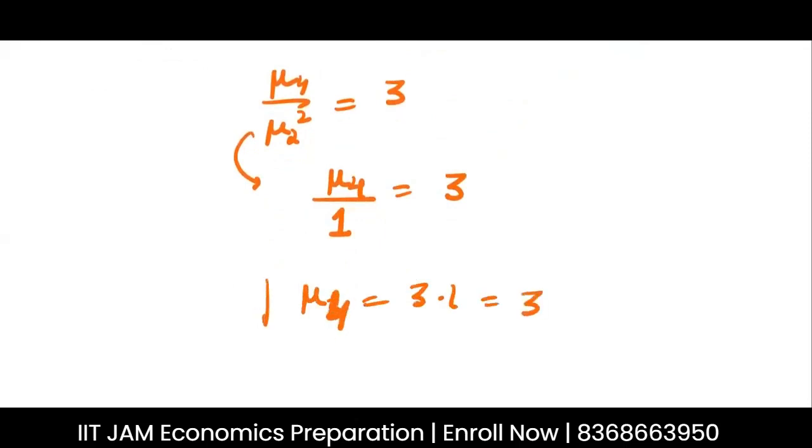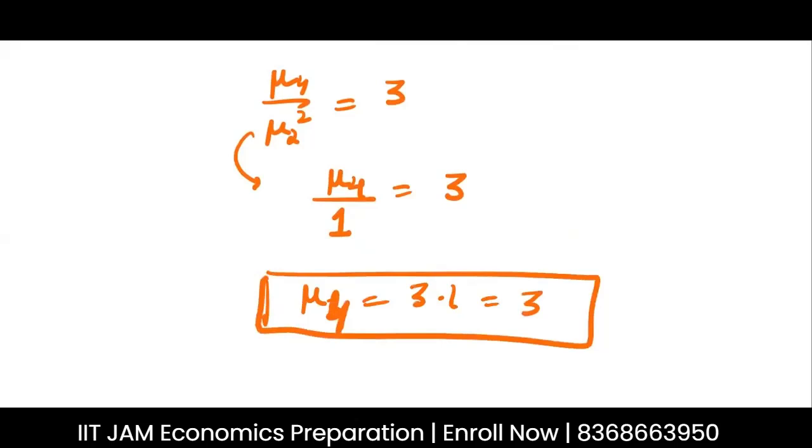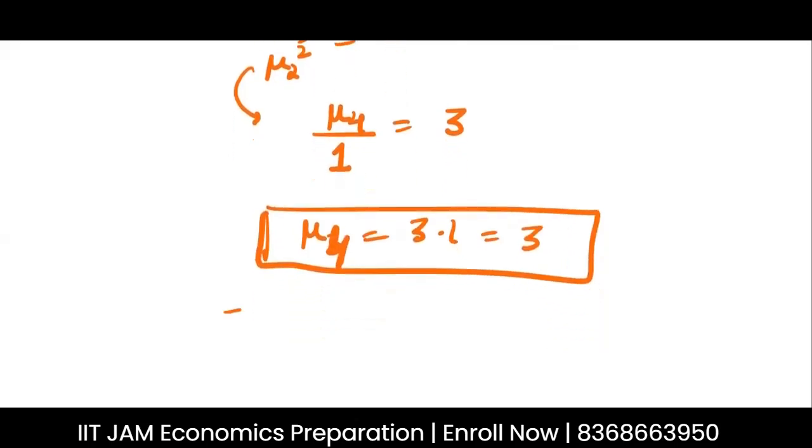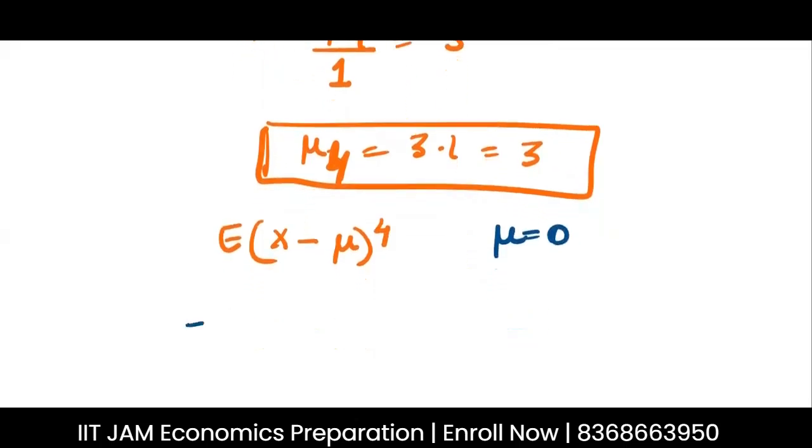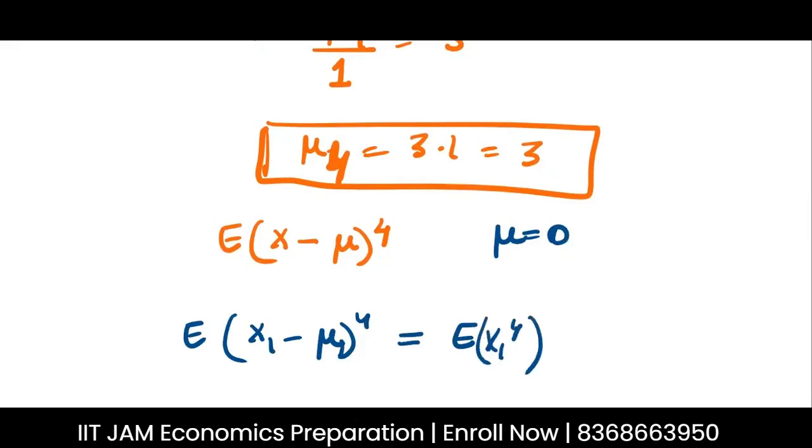Mu4 is the fourth moment around mean, which means expected value of (x minus mu) to the power 4. And because mu in itself is 0, expected value of (x1 minus mu1) to the power 4 is equal to expected value of x1 to the power 4. So this is also 3.